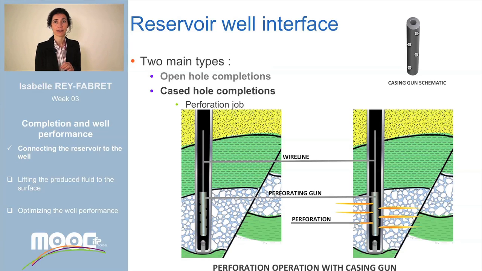This consists in perforating the casing, the cement, and the rock using a gun suspended on a cable at the reservoir level. This is the most frequently chosen connection. It enables efficient management of the well stability and is well adapted in the case of a well connected to more than one production zone.